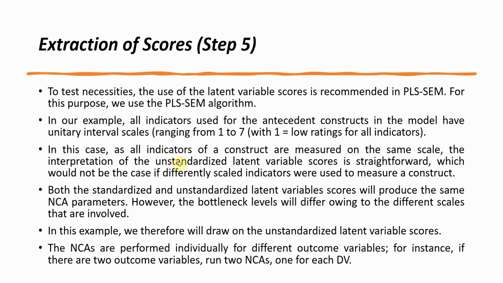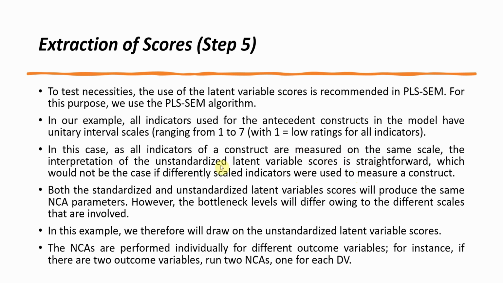In our case, all indicators are measured on the same scale. The interpretation of the unstandardized latent variable scores is straightforward, which would not be the case if differently scaled indicators were used. If you have used differently scaled indicators, then use standardized.